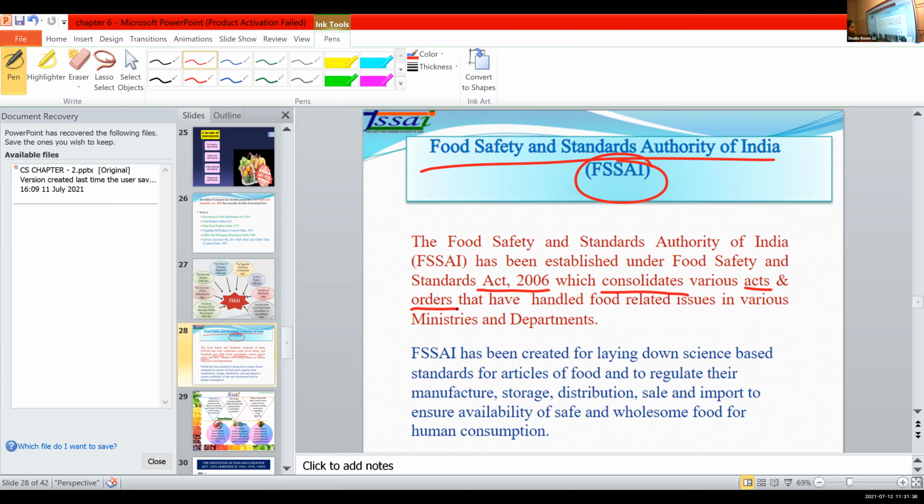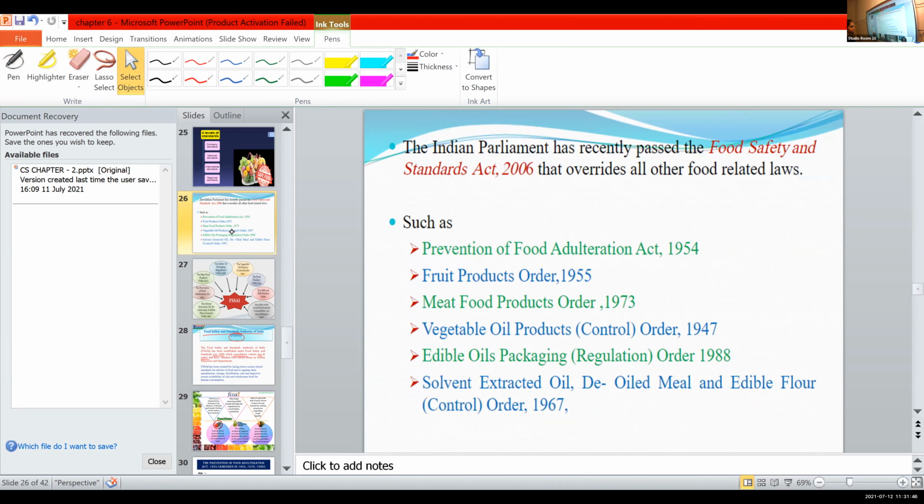So the FSSAI comes under the Food Safety and Standards Act of 2006, and the main aim is to consolidate all these laws. These are the common laws or acts available in India: the Prevention of Food Adulteration Act, the FPO Act, the MPO Act and all.